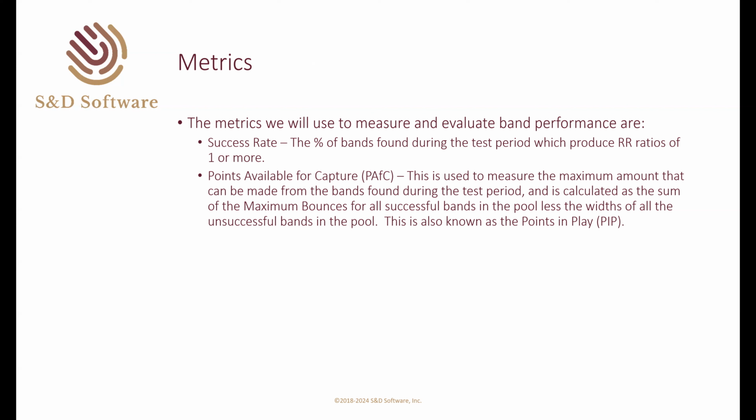Basically, we're going to take all the maximum bounces for all the successful bands and add that together. Then for all of the unsuccessful bands, we're going to subtract the width of all those bands from the total. That will leave us with how many points are available to our trading system to attempt to capture.